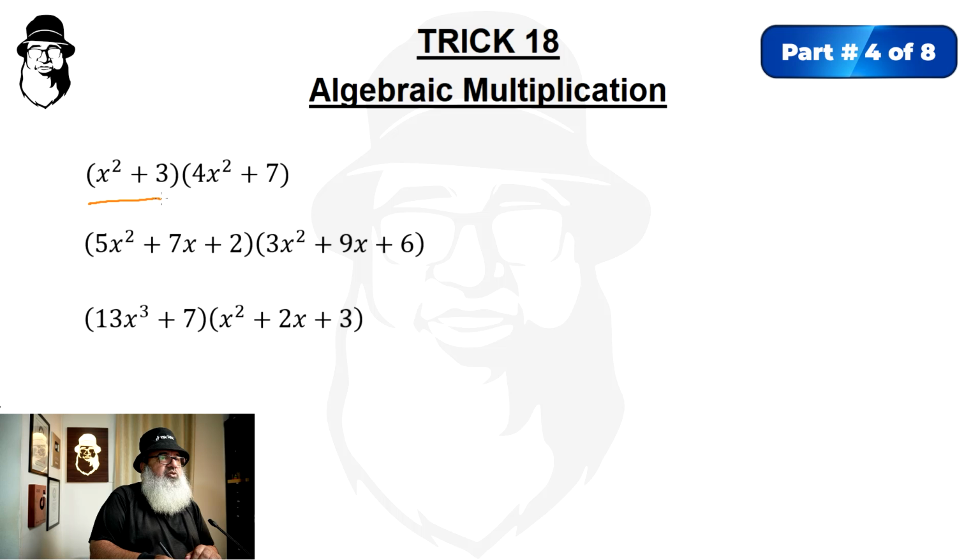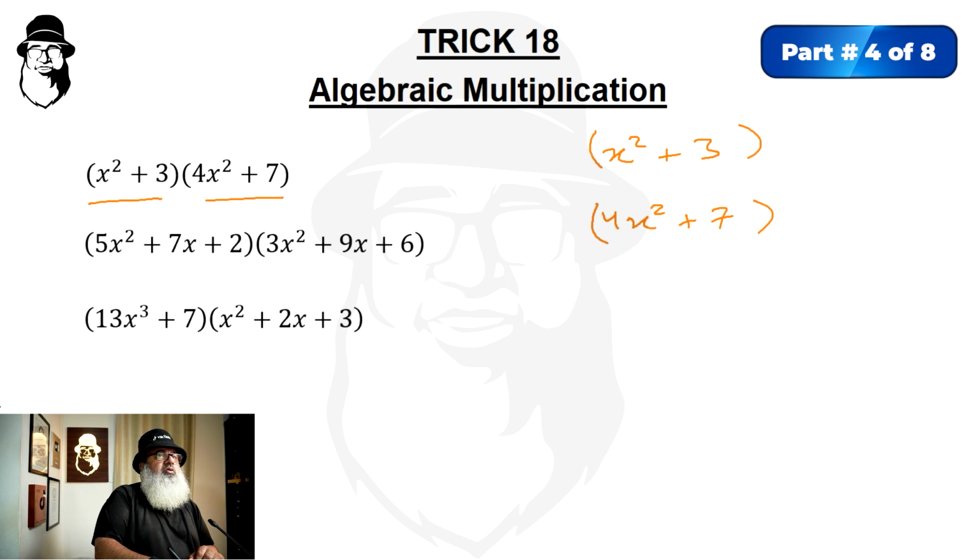Let's write these two one above the other like this, x squared plus 3, and here we have 4x squared plus 7, right? So let me bring it down a little here.